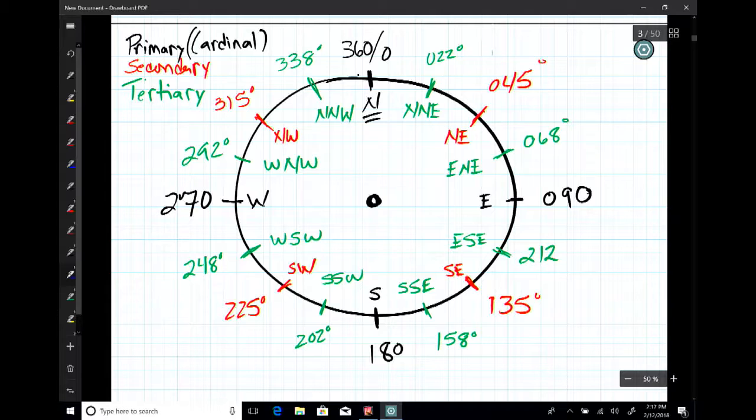That is going to be a direction roughly of north-northeast. You're going to round up. So instead of adding 22 to 0, you're going to add 23 to 45 to get 068. Okay, then you're going to add 22 to 90 to get 112. You're going to add 23 to 135 to get 158. You kind of get the patterns here? So that's kind of how that works. These give you your tertiary directions and headings.